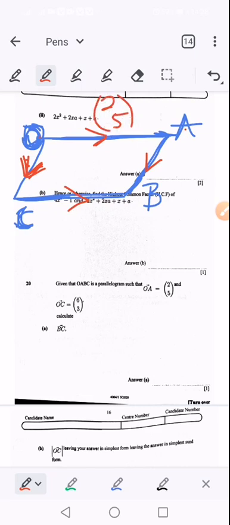Then OC, where is OC? This one. So I am going to write it inside.